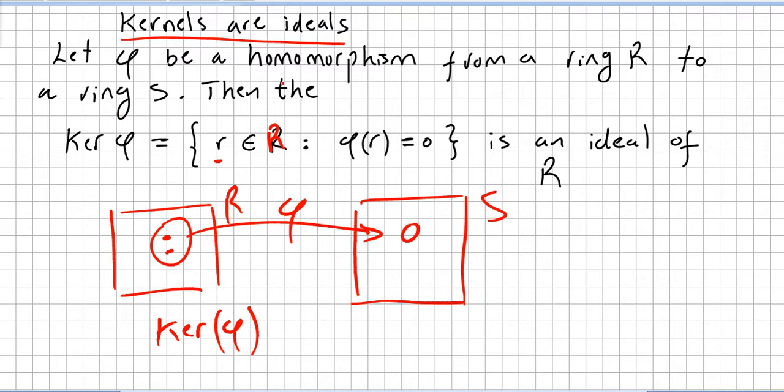Okay, let phi be a homomorphism. So the kernel of phi, meaning the set of objects that will be taken to 0 here. So the kernel of phi is an ideal of the ring R.